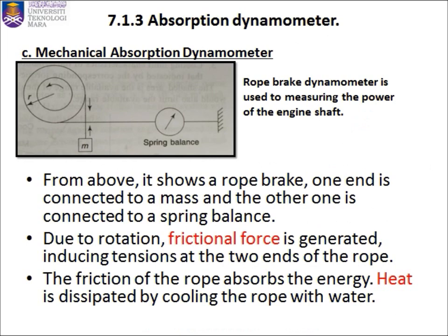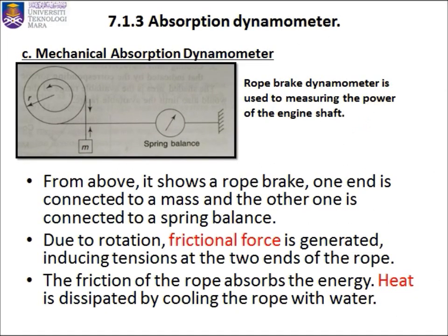Next we move to the mechanical absorption dynamometer. This is a rope brake dynamometer and is used for measuring the power of the engine shaft. From above, it shows a rope brake. One end is connected to a mass and the other one is connected to a spring balance.